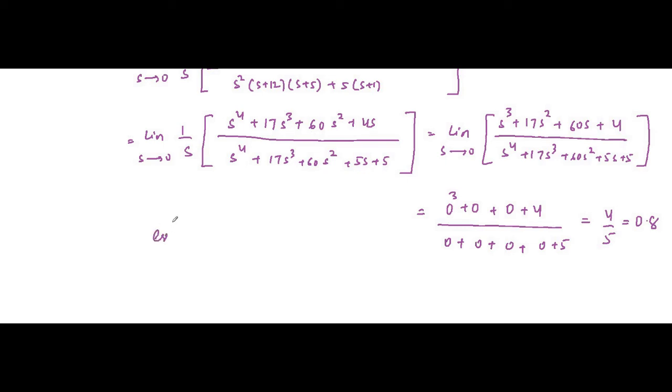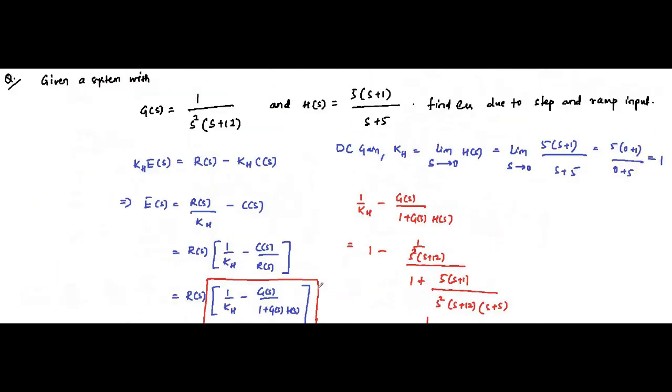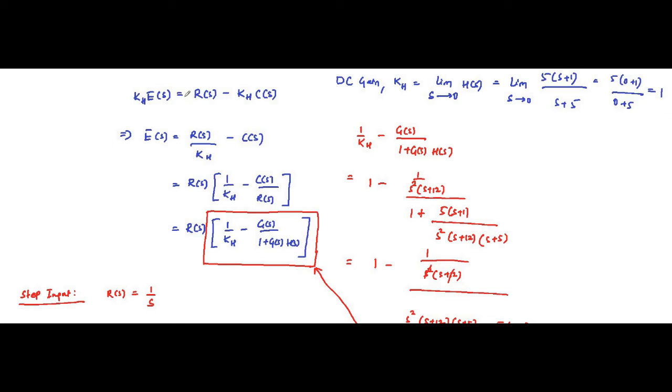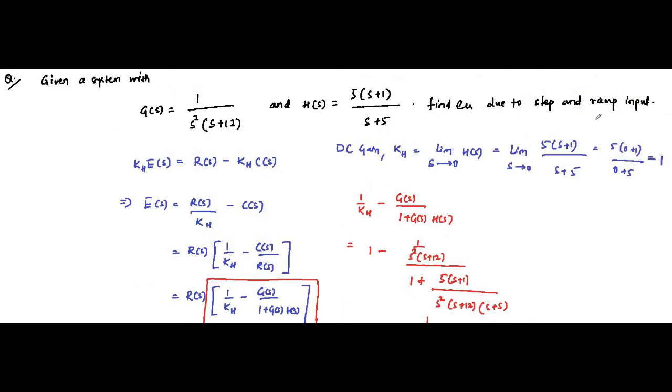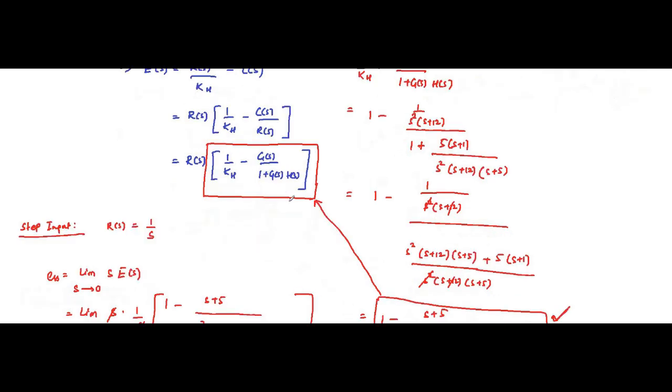So here the steady state error for this non-unity feedback system for unit ramp input is equal to 0.8. This much. So here the important thing is first be clear about this equation, okay, where both step and ramp inputs are applied. The important thing is to get this common term 1 by kh minus gs by 1 plus gshs.